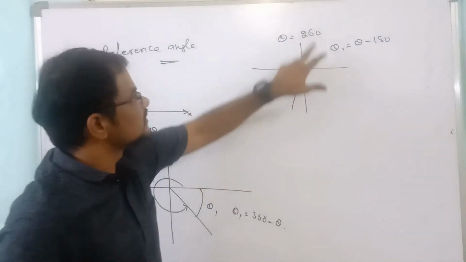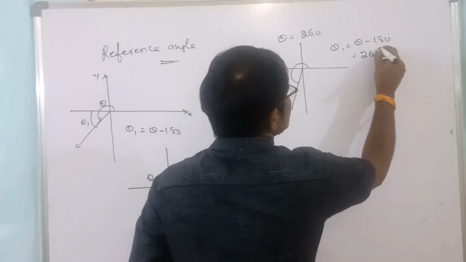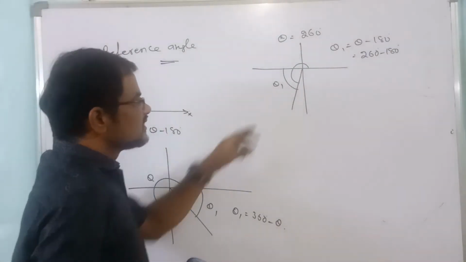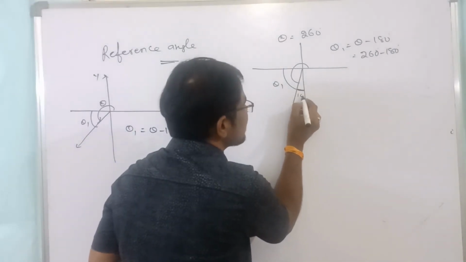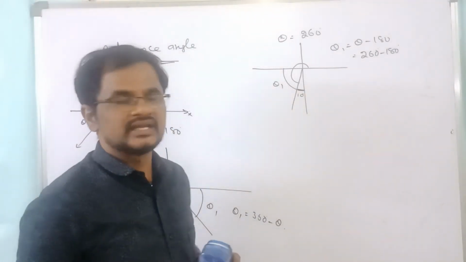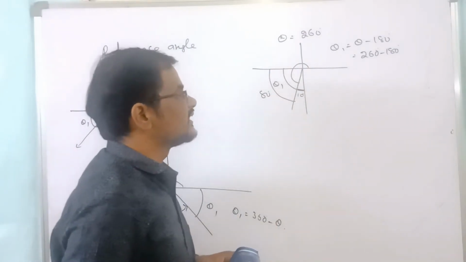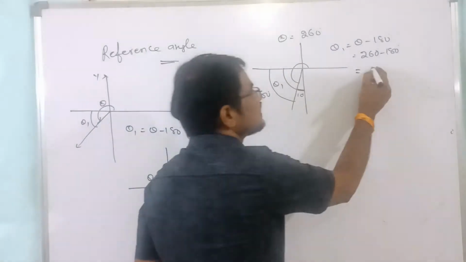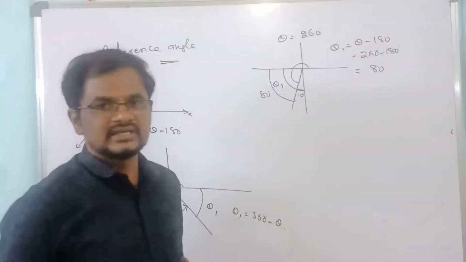So that is 260 minus 180. Here 260 means you can also identify like this: 10 plus 80, total 90. So theta 1 equal to what you will get? 80 degrees. 260 minus 180 is what?